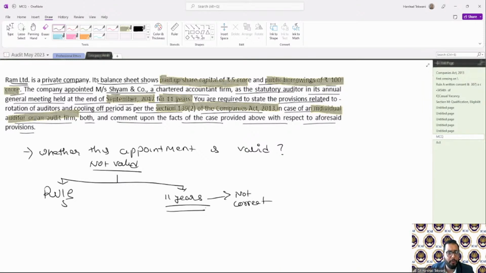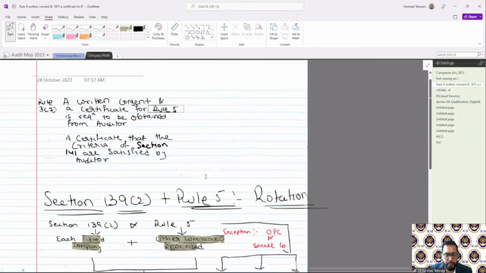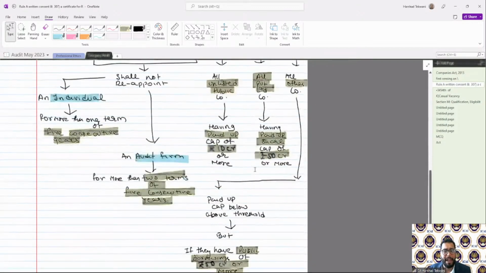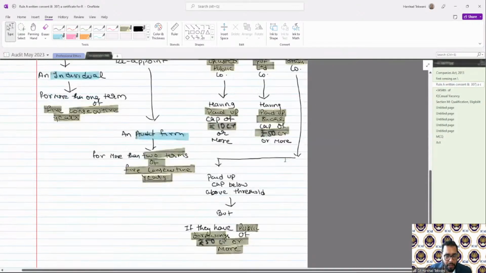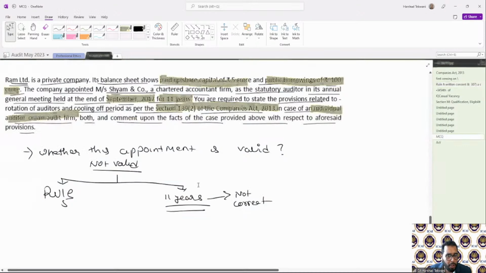Another thing is rotation. Rule 5 talks about when a company has a paid up share capital of a specified limit. Now, if I show you rule 5, all private limited companies having paid up capital of 50 crore. But if the paid up capital requirement is not met and public borrowing is more than 50 crores, then also that will fall under the category of prescribed company. So this is a prescribed company because it has borrowing of 100 crores, more than 50 crore.